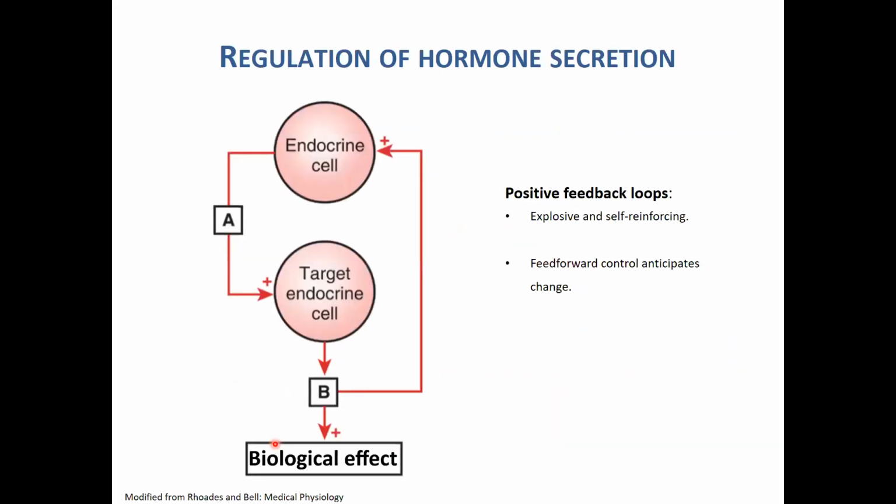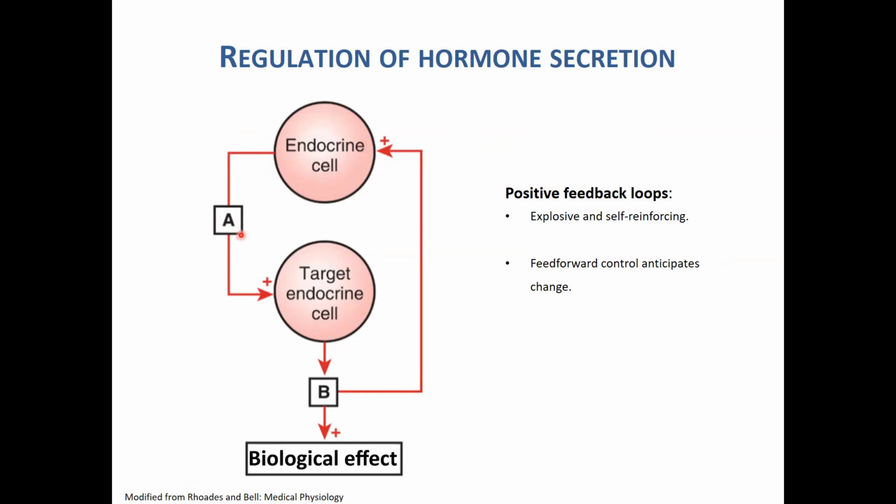All right. So how do we regulate hormone secretion? So there's several different feedback mechanisms. In this particular example cartoon, I'm showing you the positive feedback mechanism. These are explosive and self-reinforcing. In this particular example, we have the endocrine cell.